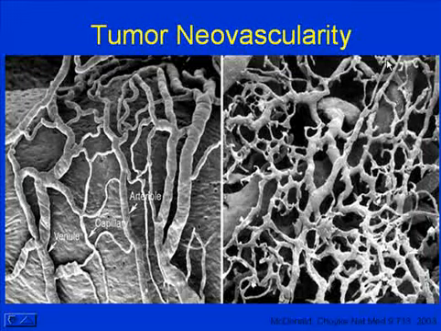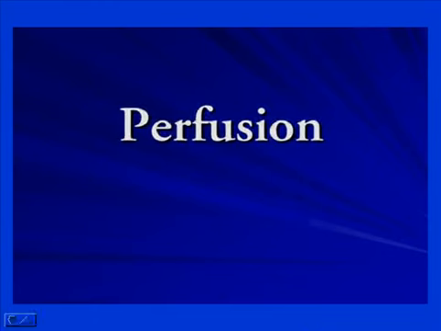Tumor has a very abnormal vascularity, vessels that are big and small, and the transit time to get through something like this would be much greater. And that's what the microbubble technology is telling us.